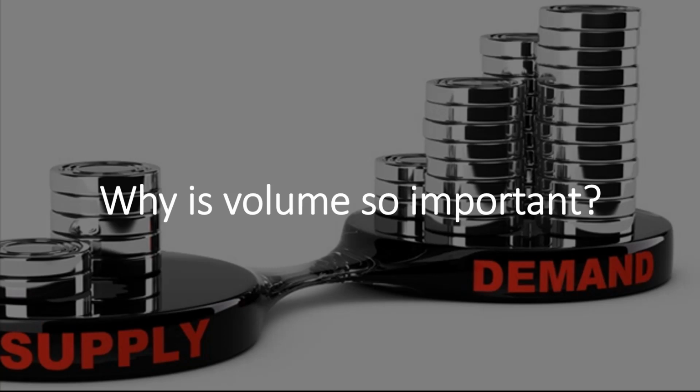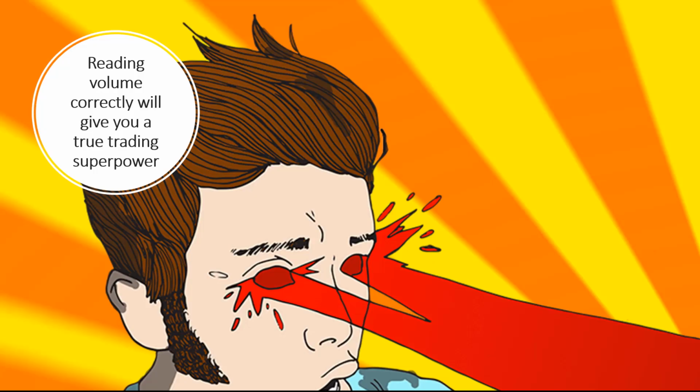of supply and demand. At its core, any market really is a balancing act between supply and demand. It's a little bit more complicated than that, but that's one of the best ways to look at it. Now, if you are able to read volume correctly, you're basically giving yourself a trading superpower.